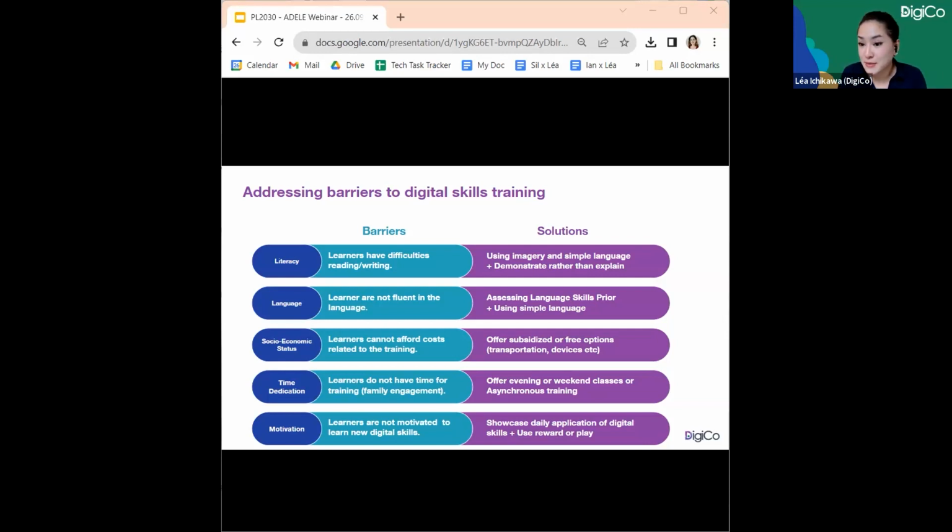And then last but not least, motivation. I mentioned it already, but it's so important to showcase the daily application and the daily relevance of the digital skills they will learn. Speaking about digital skills in very abstract terms, for example, through DigComp, for the end learner, we see that it's not really working, because they think it's very abstract, and I completely understand why.